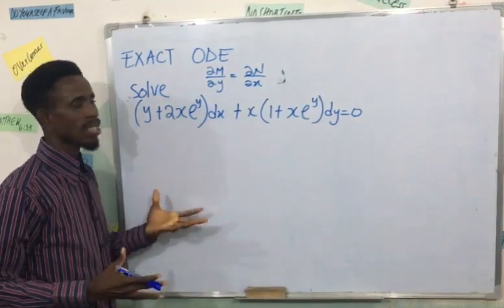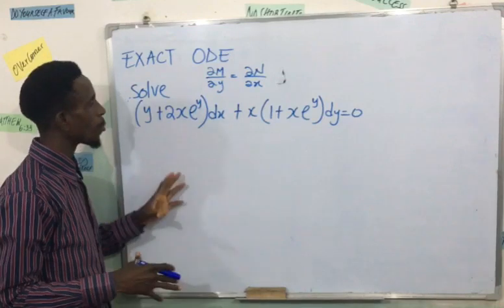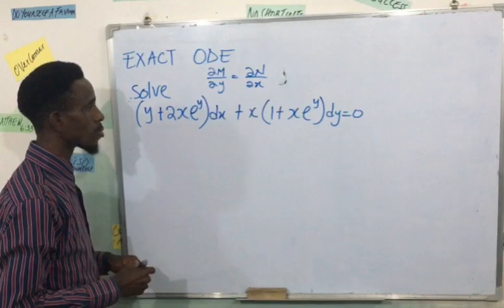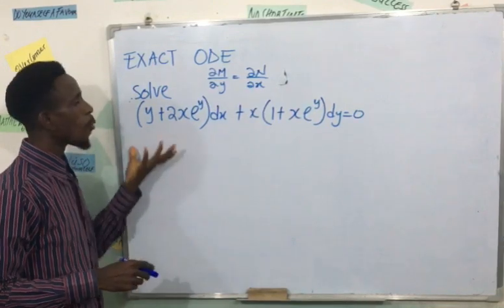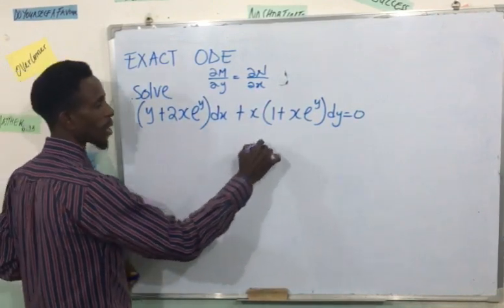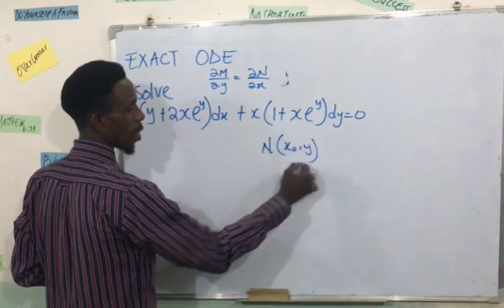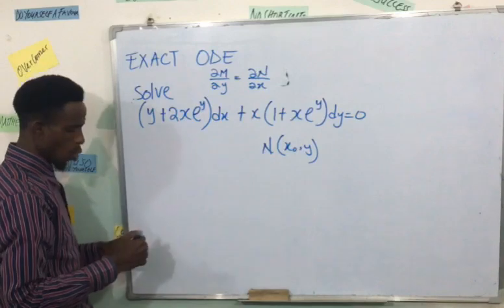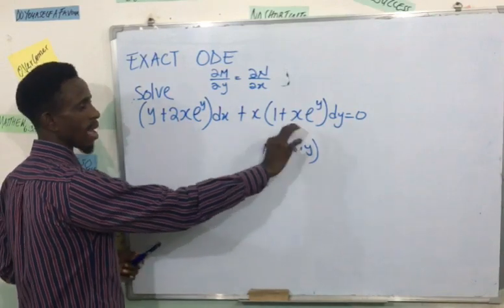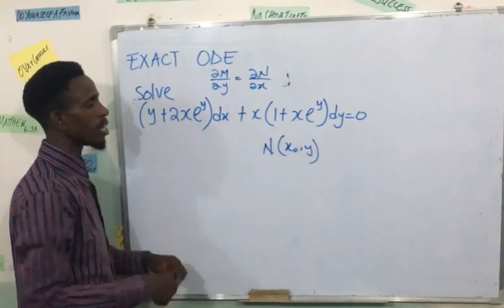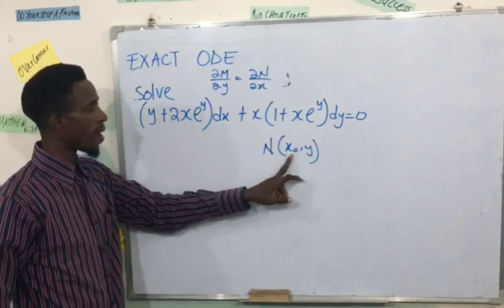Since it is an exact ordinary differential equation, what I'm going to do is I will just integrate straight up from this point. And let me tell you this, once I'm integrating this part of my N here, wherever I see my x, when I'm done with the integration, I'm going to impute 0 for x.